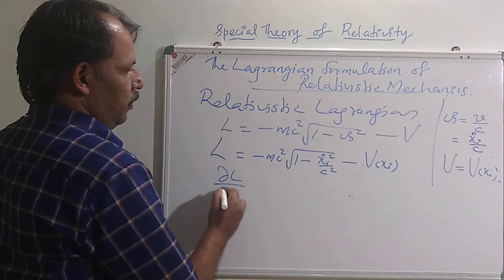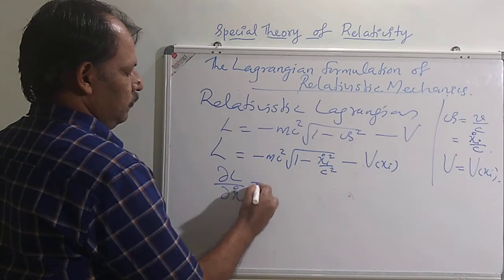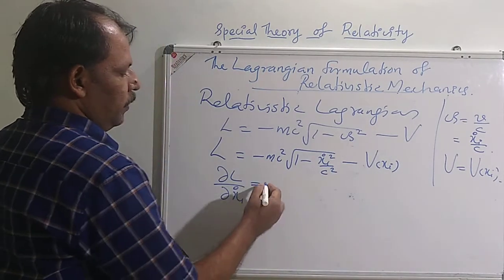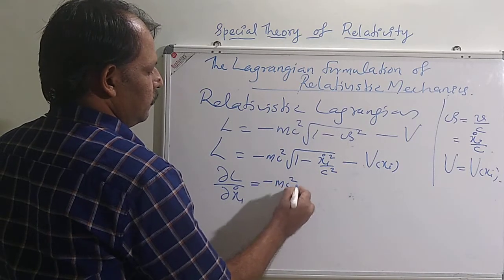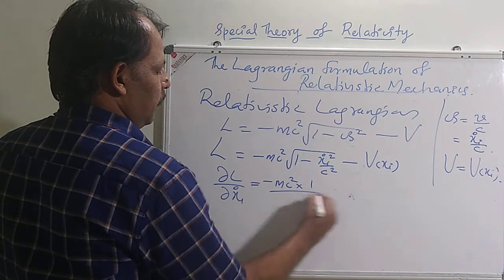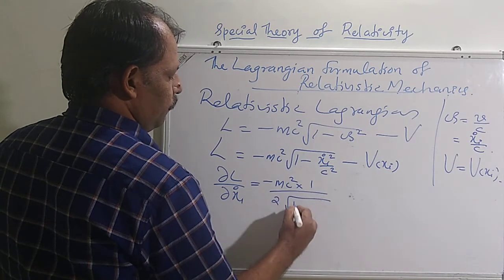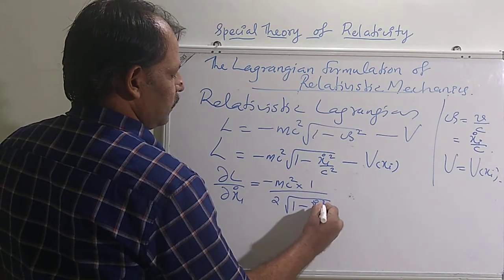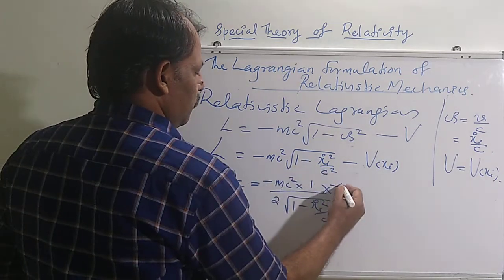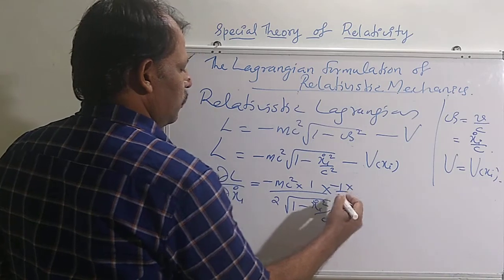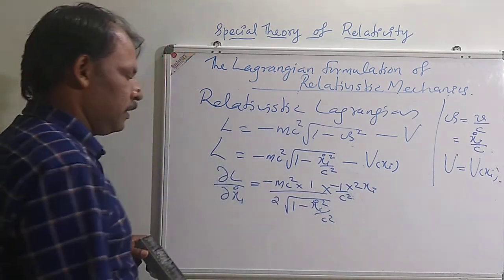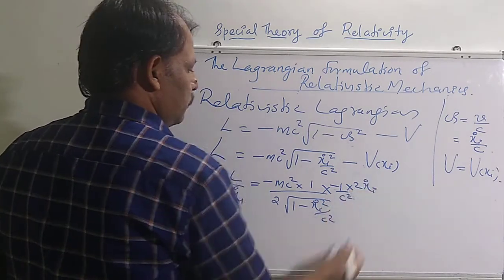Take dou L by dou xi dot. Dou L by dou xi dot is equal to minus mc square into 1 by 2 root of 1 minus xi dot square by c square, into the differential of this one, minus 1 by c square into xi dot square. Its differential with respect to xi dot is 2 xi dot.